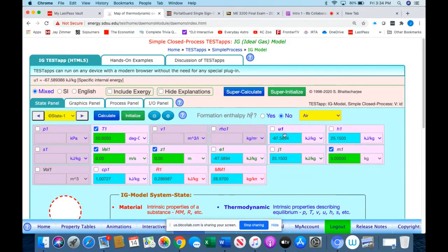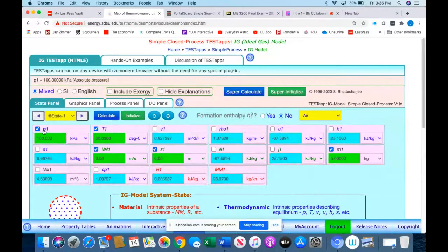What else do we know for this initial state? The mass is 5 kilograms. We really don't have to give it a pressure, but we could if we wanted to. We could give it a pressure of 100 kPa.